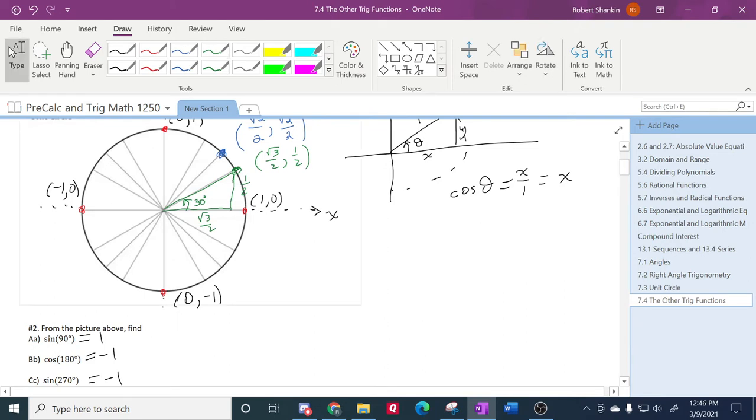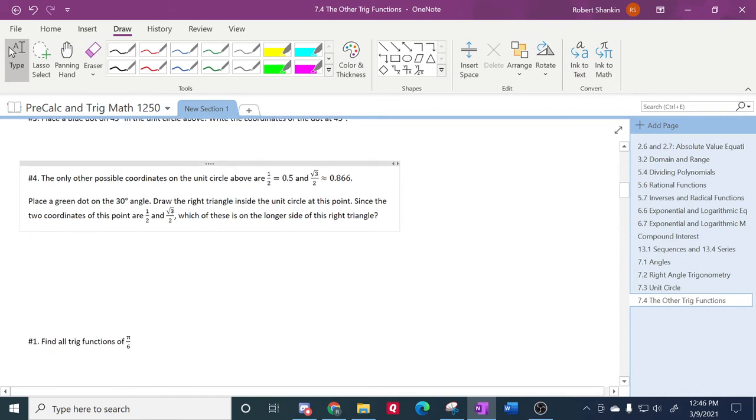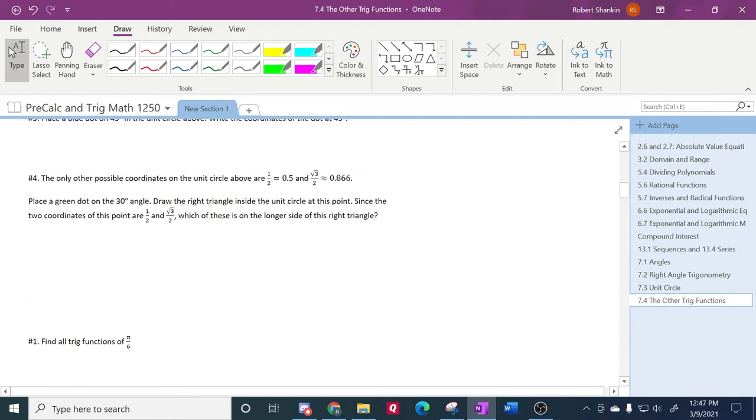All right. Now, got that down. So go to, I have this renumbered at 1. So find all trig functions of pi over 6. So there's 6 different trig functions.